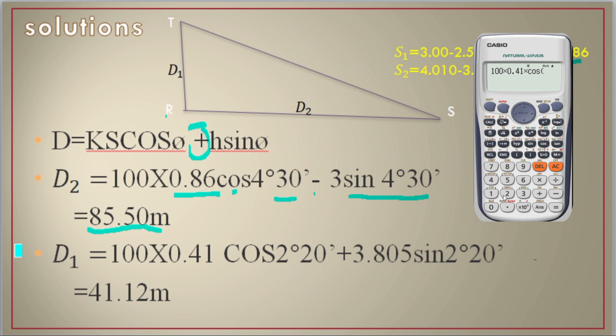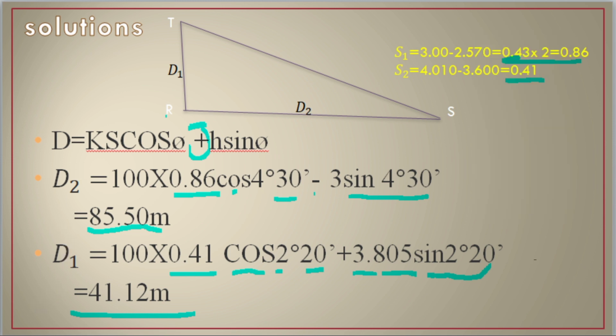So 100 multiplied by 0.41 cos 2 degrees 20 minutes plus the h or the r, that is the mid reading, then sine 2 degrees 20 minutes, getting our answer as 41.12 meters.